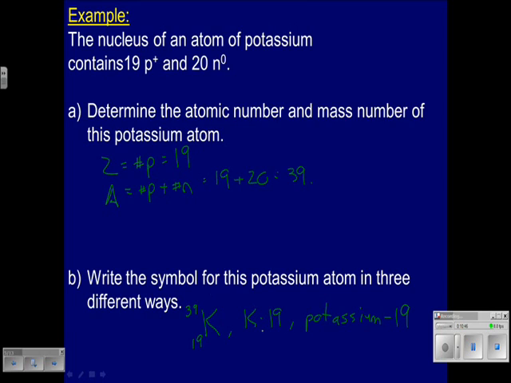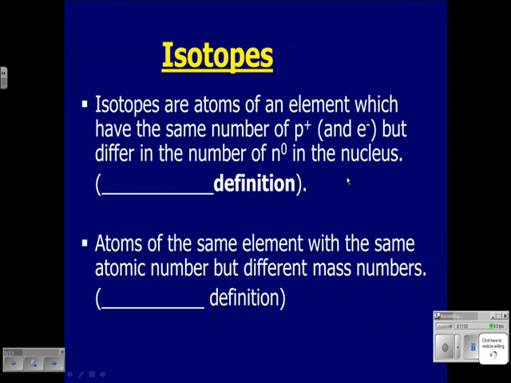Whoa, I made a mistake. That's 39. I need the mass number on there. 39, right? The mass number goes in the end. All right? Okay. So that's how we can write these guys down.